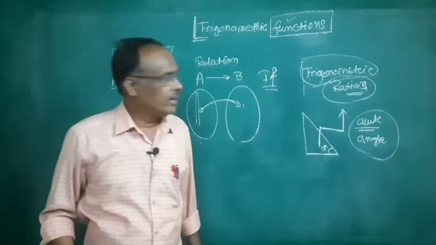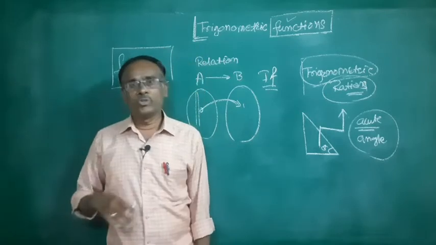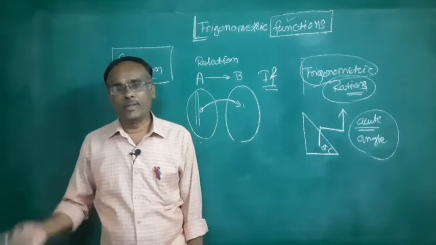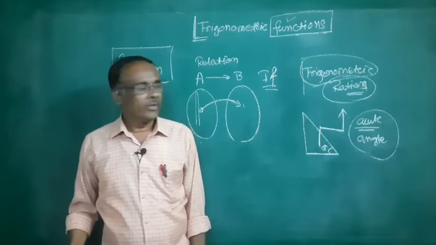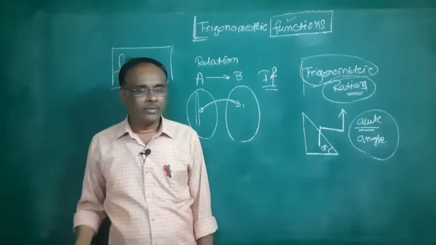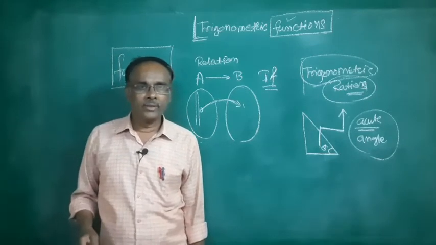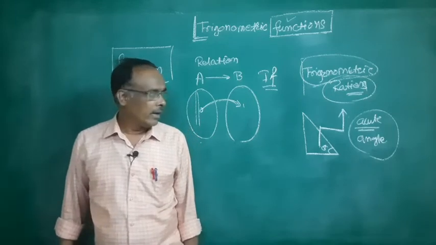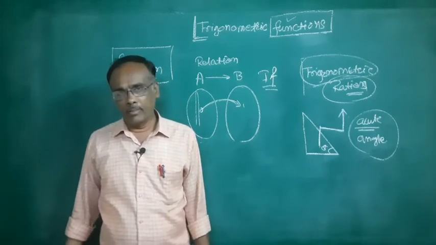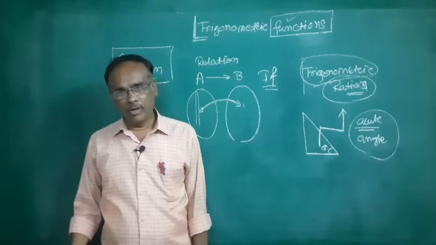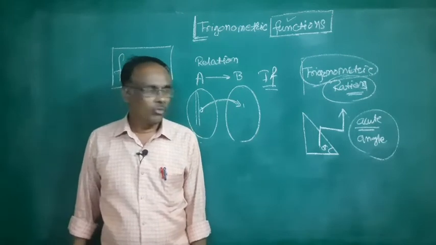Now we will extend this term ratios to functions, meaning any angle. There is no condition. In a function there is no condition. The angle need not be acute; it can be obtuse or quadrantal.